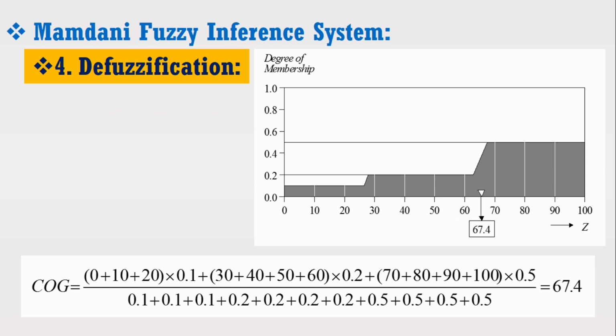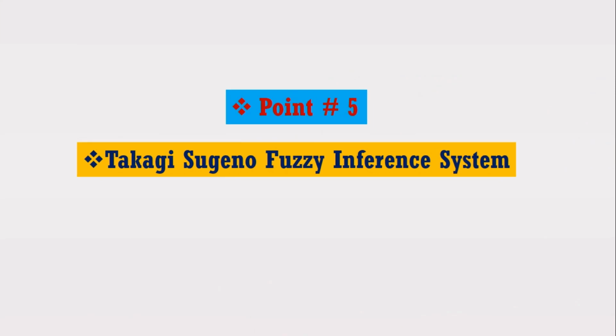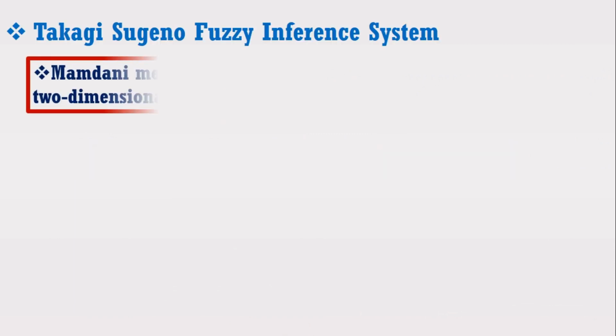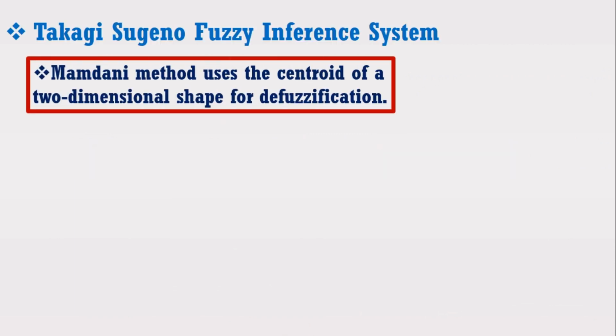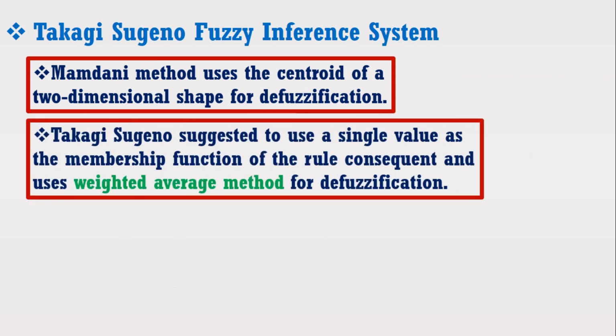At this stage, the Mamdani fuzzy inference system is successfully covered. Now I am going to discuss the last part of this video, which is based on the Takagi-Sugeno fuzzy inference system. As discussed earlier, the Mamdani method uses the centroid of a two-dimensional shape for defuzzification. Takagi-Sugeno suggested to use a single value as the membership function of the rule consequent and uses the weighted average method for defuzzification.